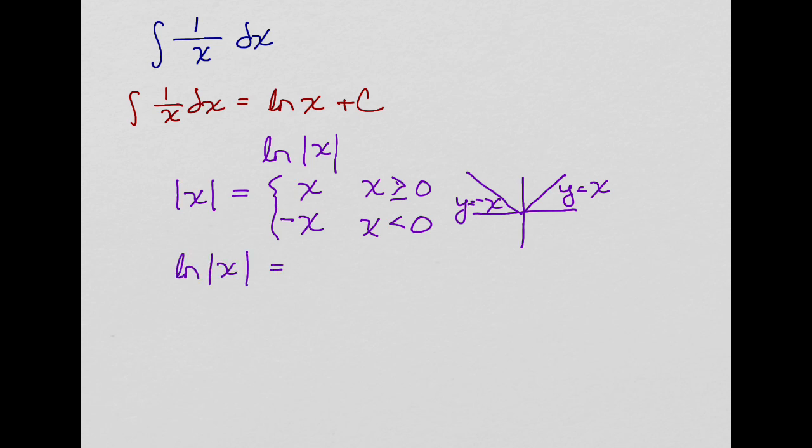That means the natural log of just x, when x is positive, actually x is not 0 in any case. And for values of x that are negative, it's the natural log of the opposite of x.